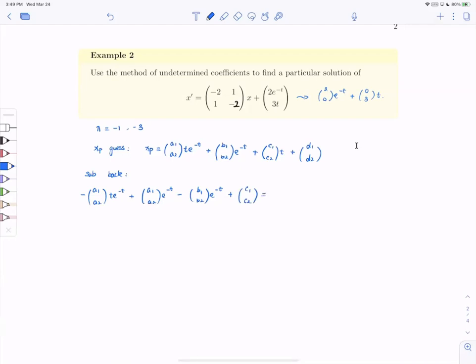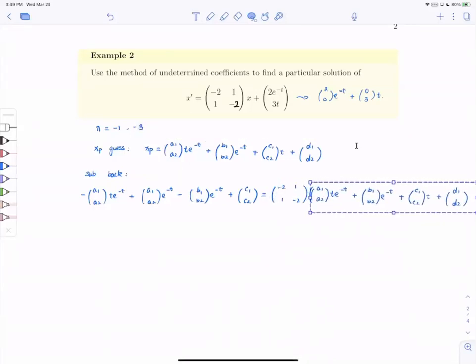And this equals to A, which is -2, 1, 1, -2, and times x. So times this whole thing. I didn't break them out because I'll do that later.